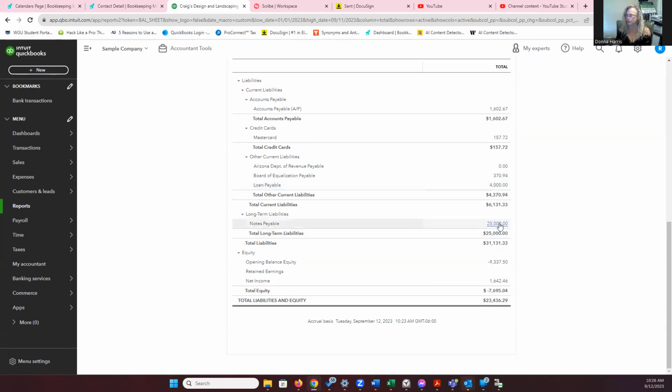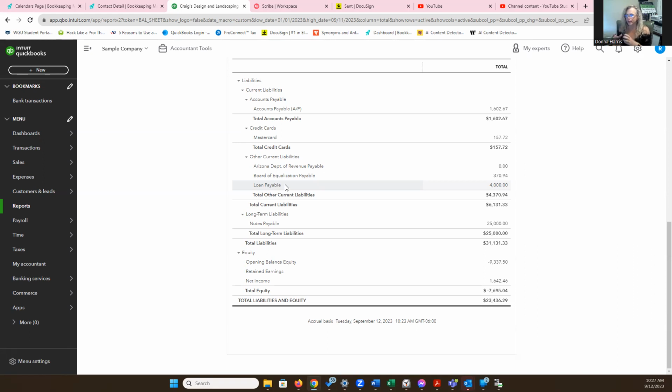That is not the same as the note payable. And usually when I am naming these, I don't leave it as just loan payable. I will include the name of the creditor. So for a loan, it would be Chase SBA loan current portion, or something to make it very, very recognizable. Because as I'm looking at this, and again, it's a sample company, so I'm not expecting a lot of specificity in it.